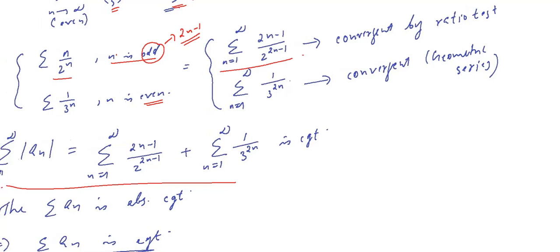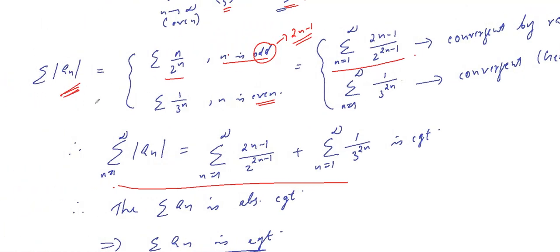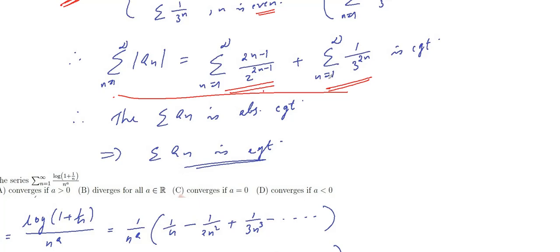Now see, the given series is actually the sum of two different series as n goes to infinity. So it's enough to check whether these two are convergent or not. The second one is a geometric series with a common ratio 1 by 9, which is less than 1, so this one is convergent.